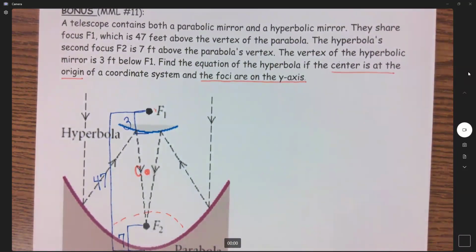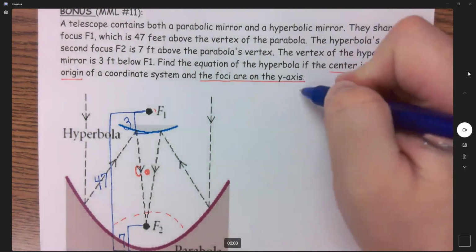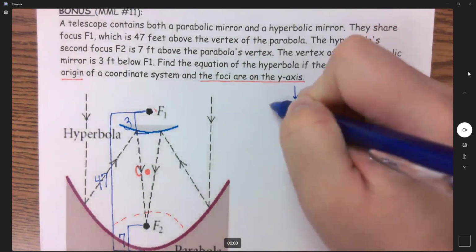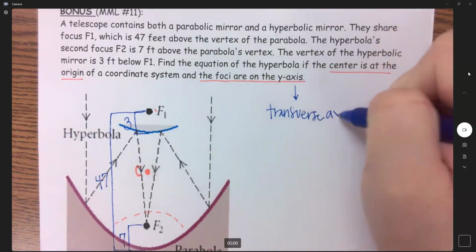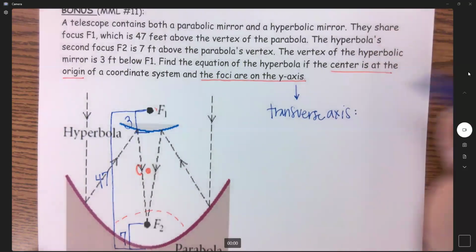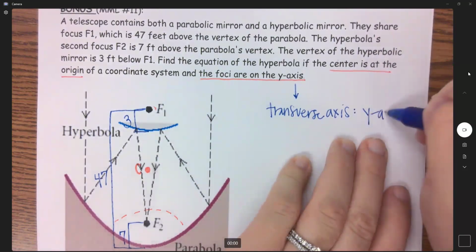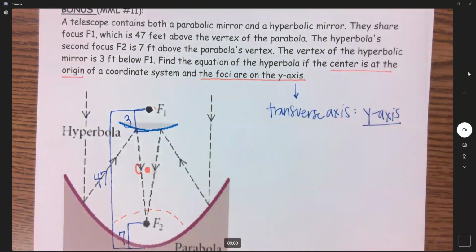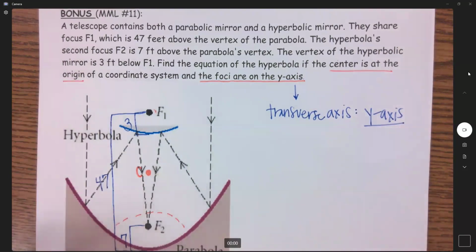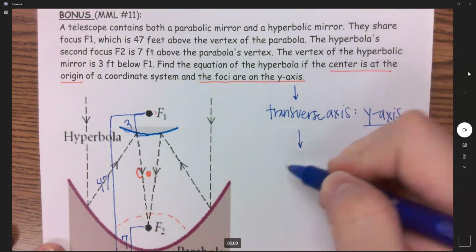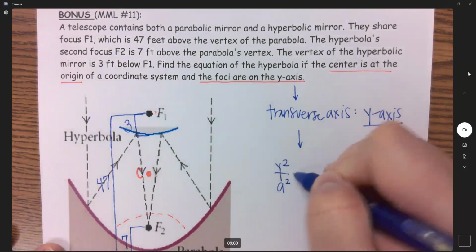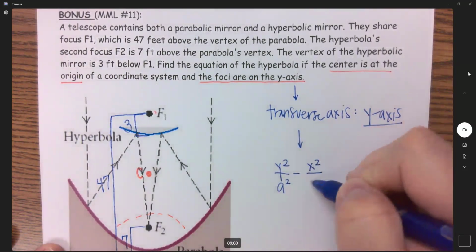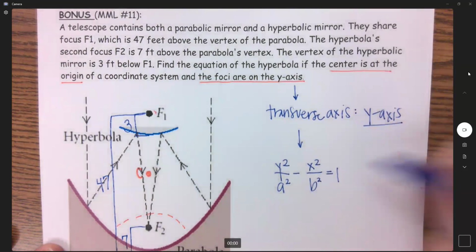And the foci are on the y-axis. So what those two things tell me is my transverse axis is the y-axis. And because the center is at the origin, I am using y squared over a squared minus x squared over b squared equals 1.